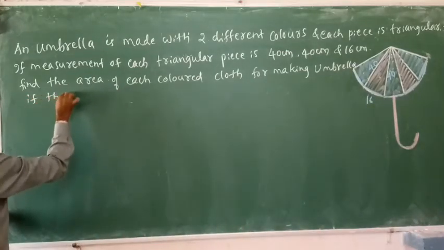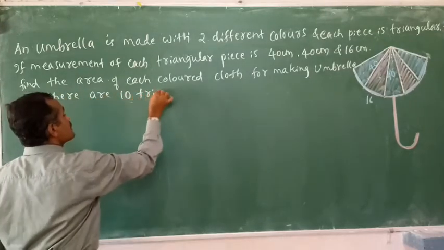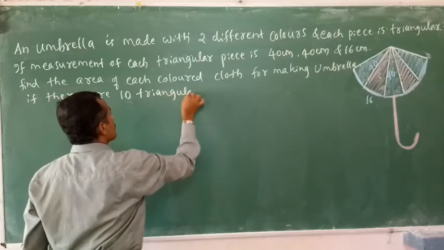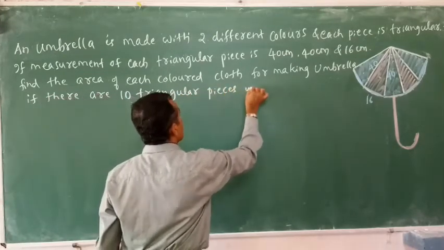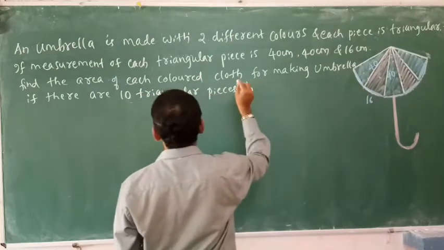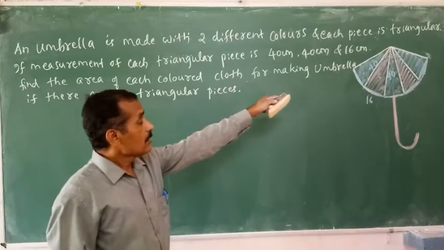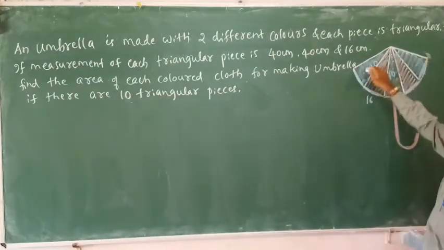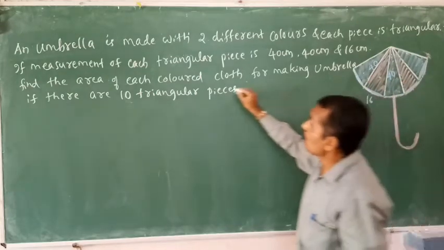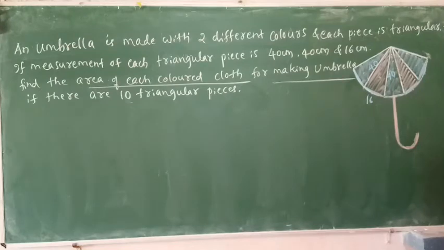If there are 10 triangular pieces in that umbrella, they are asking you how much area of each colored cloth is needed for making that umbrella.